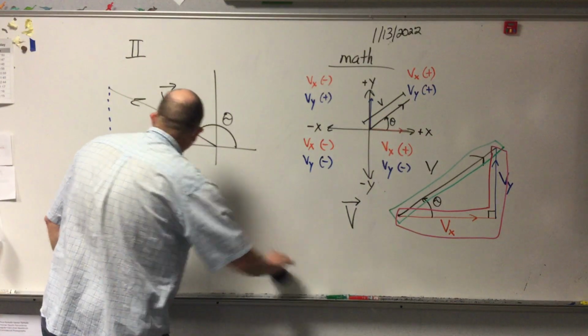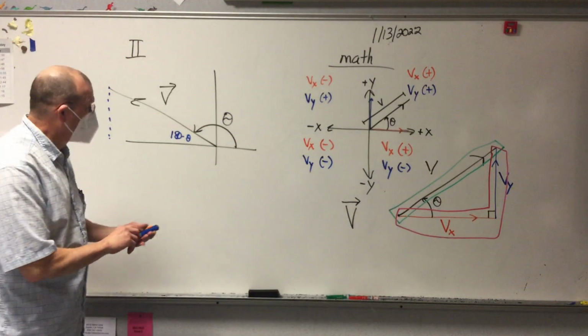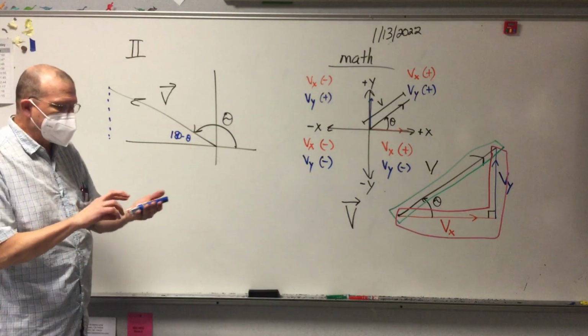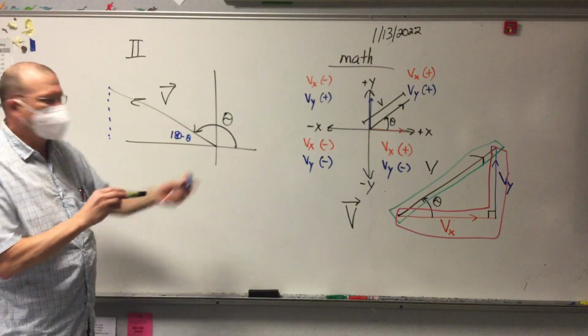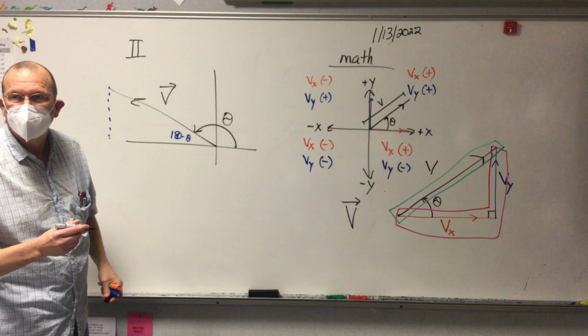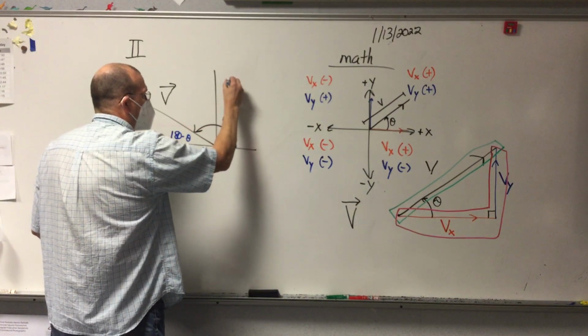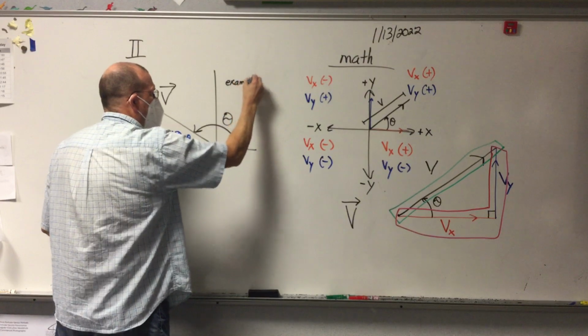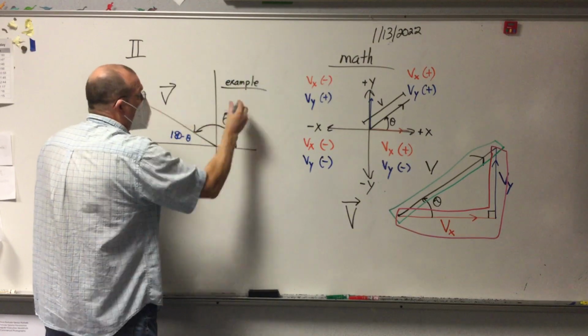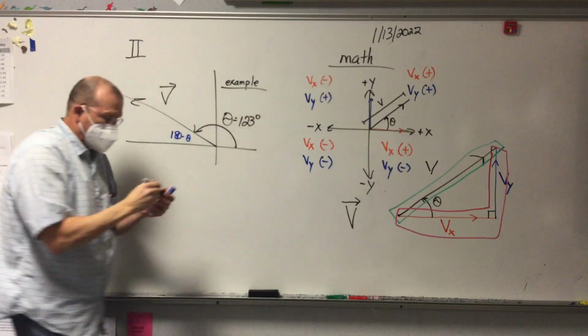Now, this is why. Let's make up a number. Somebody give me some angle that would make sense with this picture for a theta. 123. Okay. Let's say, I'll put example, 123 degrees.